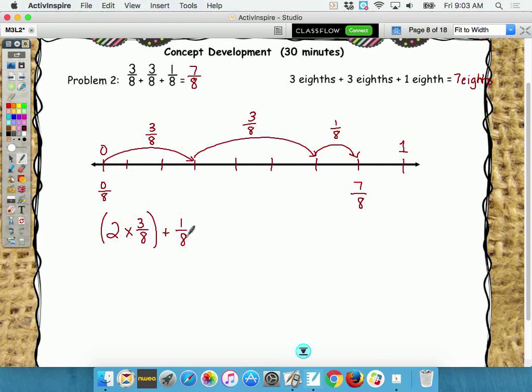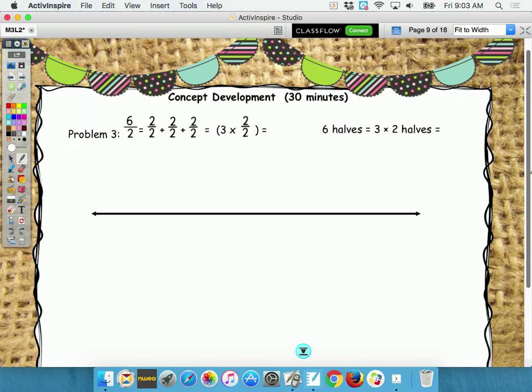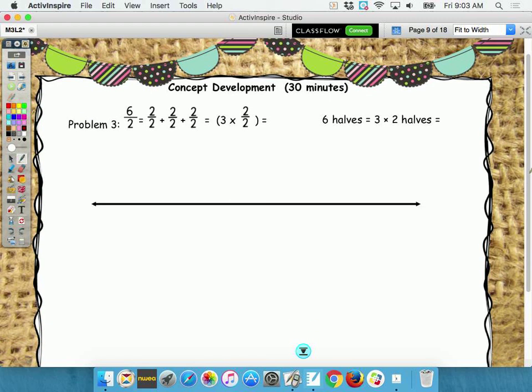Okay, let's keep going. The next problem. Oh, there we are with multiplication. Okay. So this says 6 halves equals 3 halves times 2 halves, or 3 times 2 halves. And I want you to say 3 copies of, or 3 groups of in your mind, okay? All right, so let's get the answer. What's 3 times 2? 6. So the answer is, oh, we already knew it.